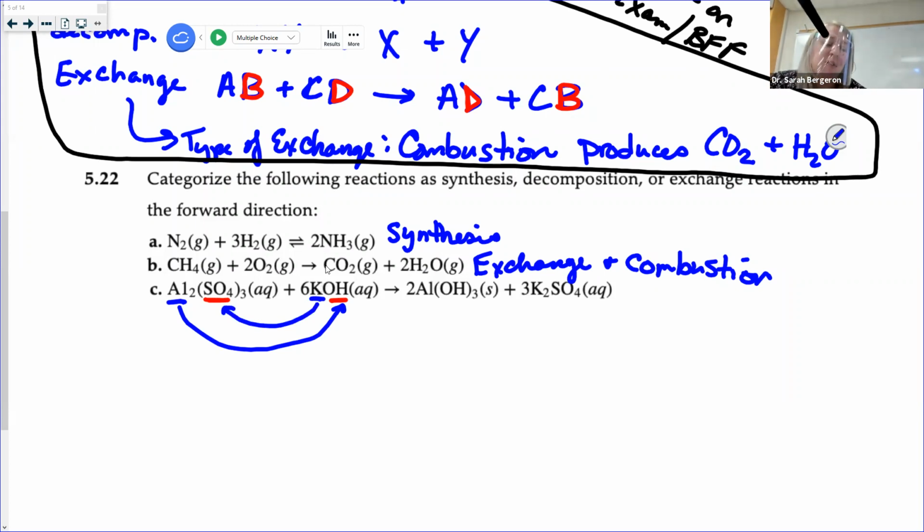So what kind of a reaction is it? Exchange. Yeah. Some people call them double displacement. You might have been taught that in high school, but it's double displacement or single displacement.